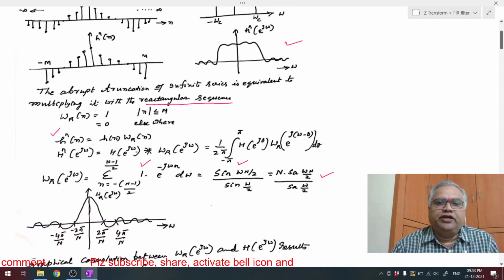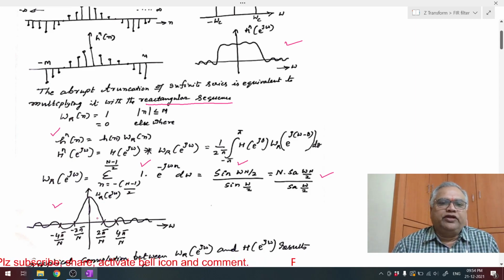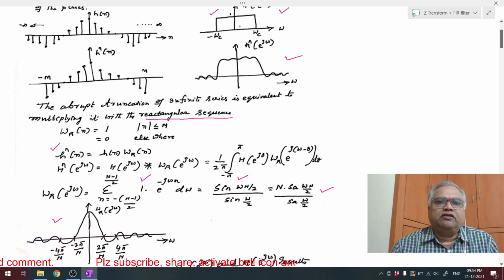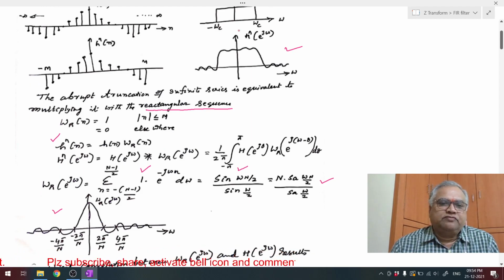Indirectly, this is the sampling plot: sampling of omega n by 2 divided by sampling of omega by 2. In signals and systems you are already familiar with how to draw the sampling function. Finally, we are doing convolution between this sampling function and this rectangular frequency response.